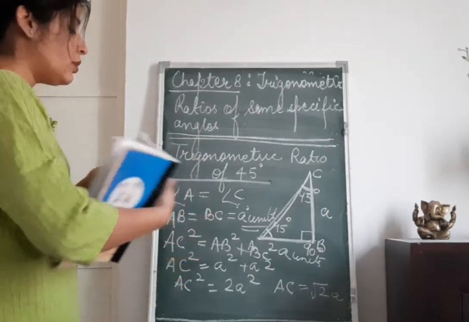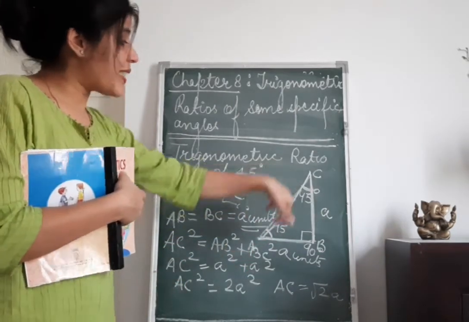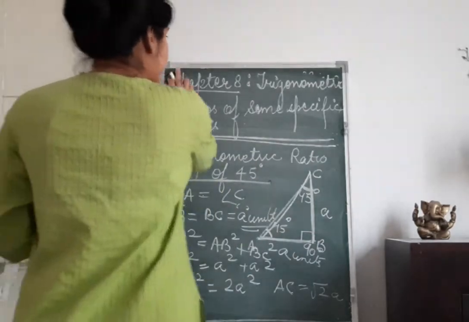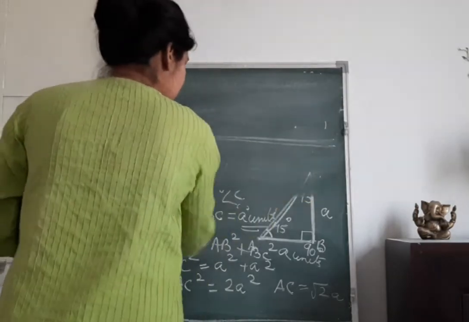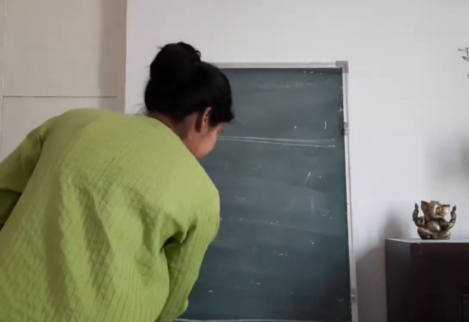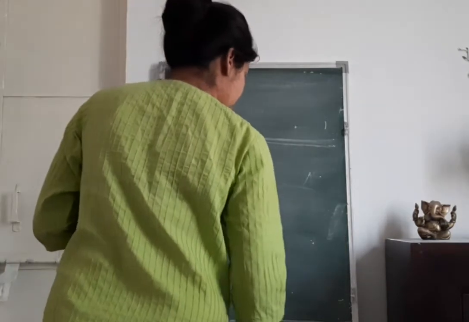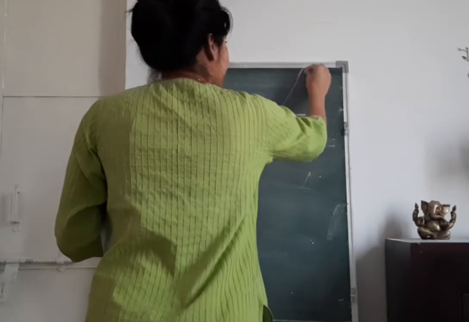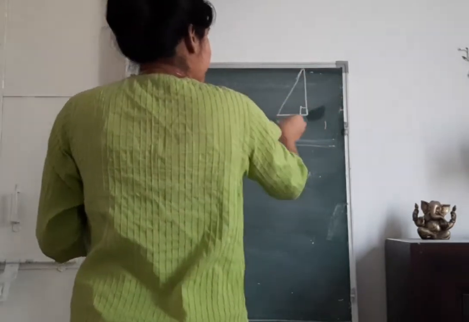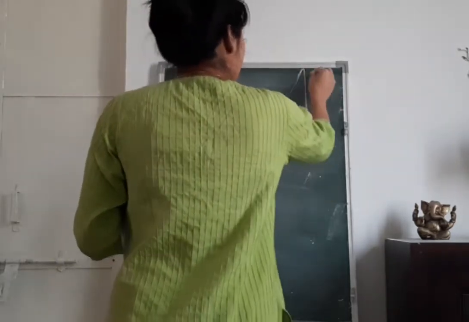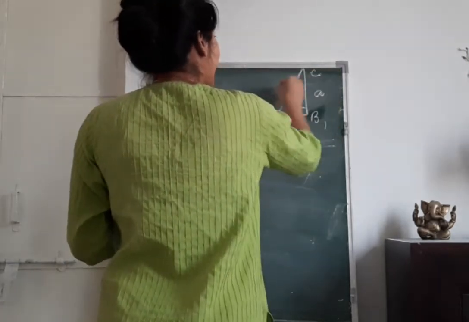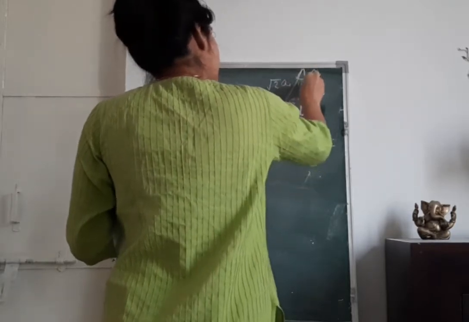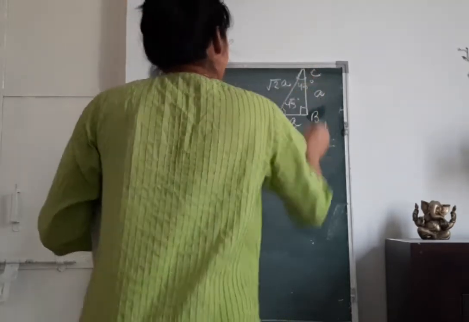So now we know the value of all the sides of this triangle and all the angles. This is A, root 2A, this is 45 degree, this is also 45 degree.